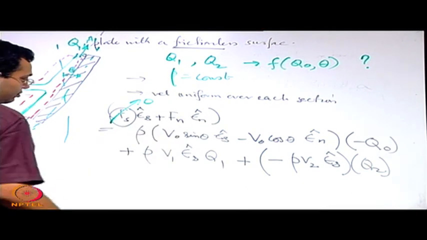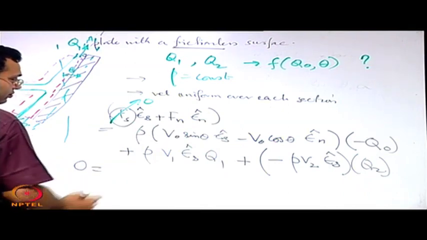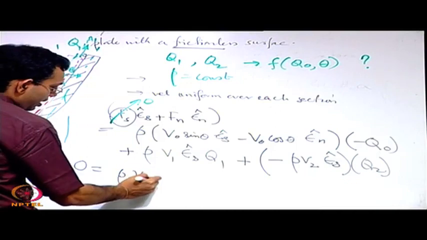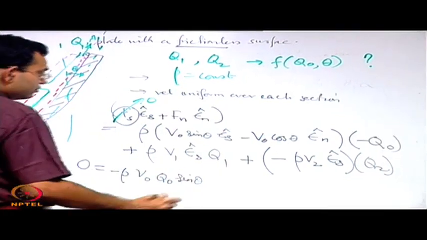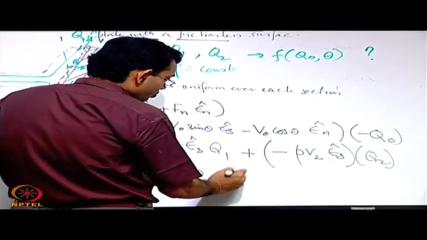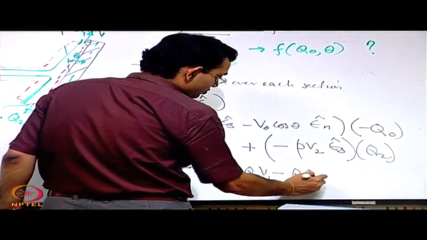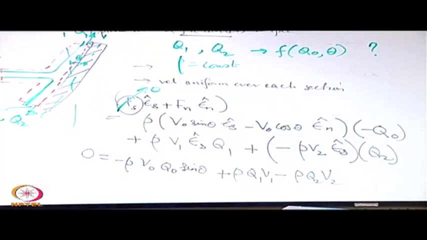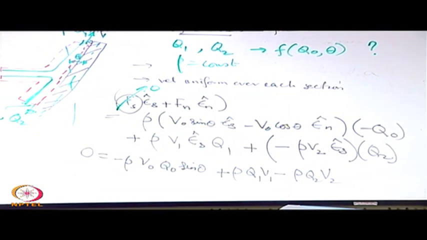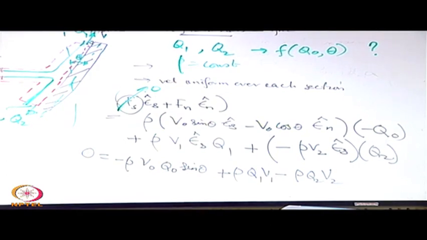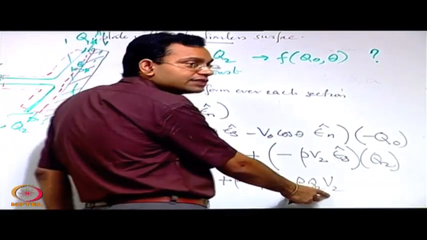If you equate the epsilon s components, you will get 0 equal to minus rho V0 q0 sin theta plus rho q1 V1 minus rho q2 V2, right. Again see the deceiving thing, as if this minus sign is giving inflow, but it is a minus and this is outflow.